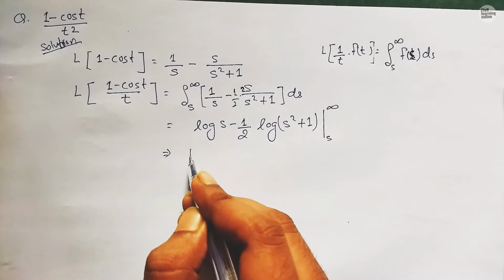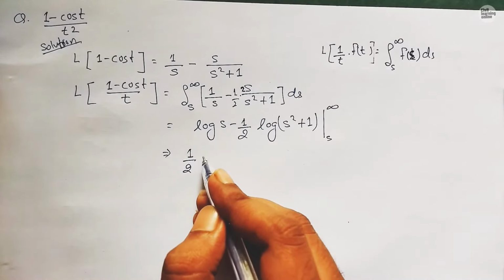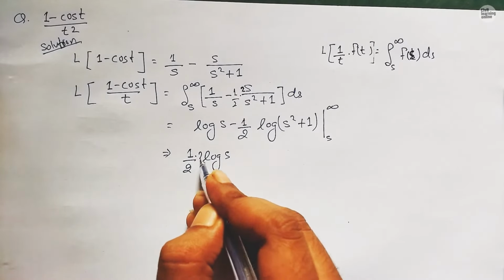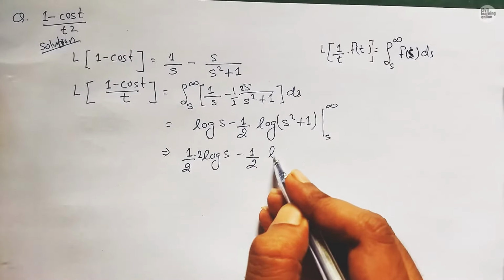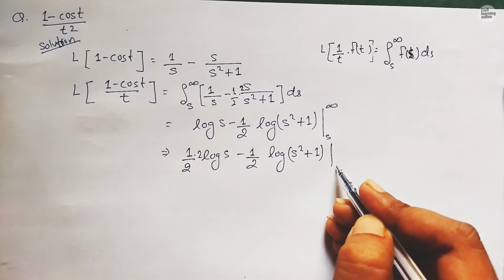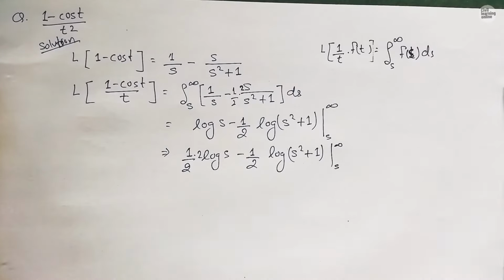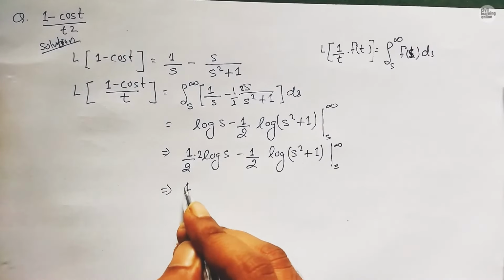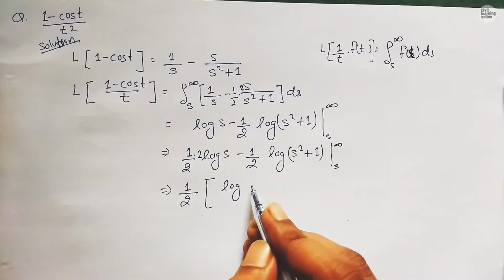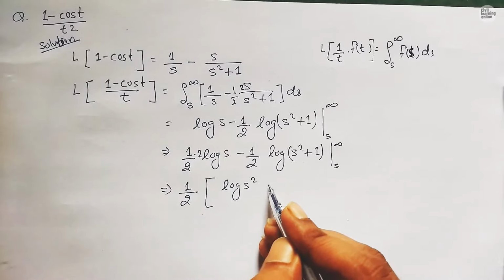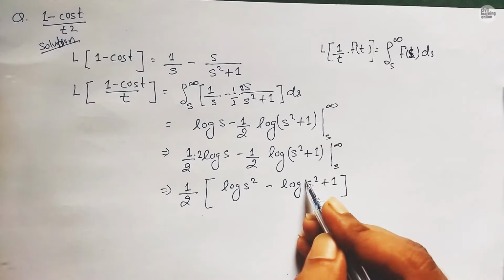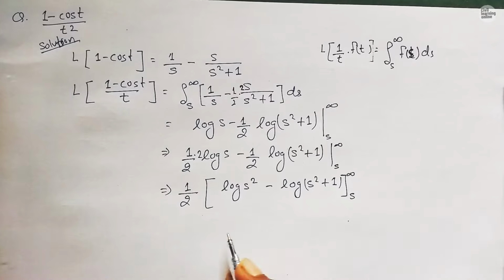So again we will do here 1 upon 2 times 2 log s minus 1 upon 2 log (s square plus 1), and the limit is from s to infinity. So taking 1 by 2 common we will have here log s square minus log (s square plus 1), and the limit is from s to infinity.